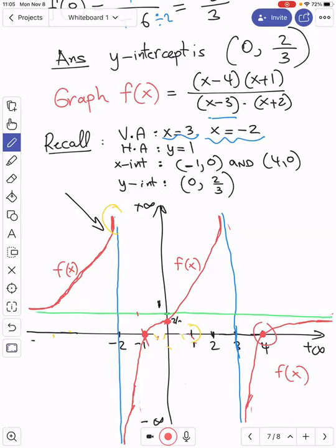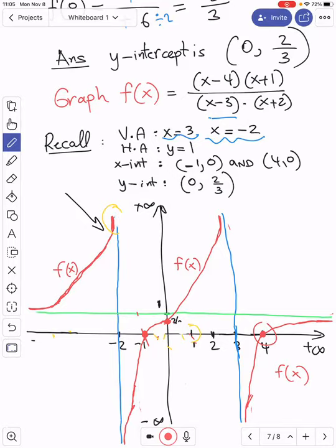If you have an x-intercept, that's why x-intercepts are very useful, so we can decide whether you can cross the x-axis or not. Okay. All right. So yeah, that would be the graph of f of x.